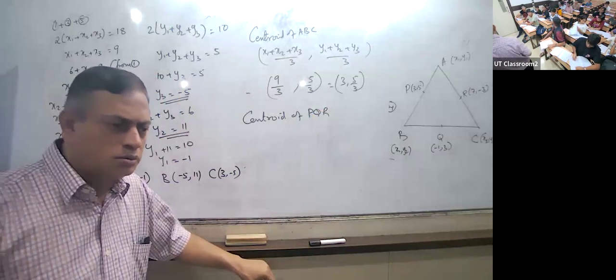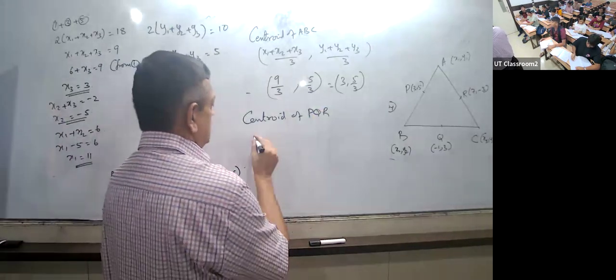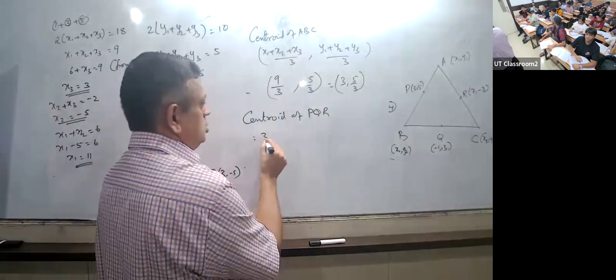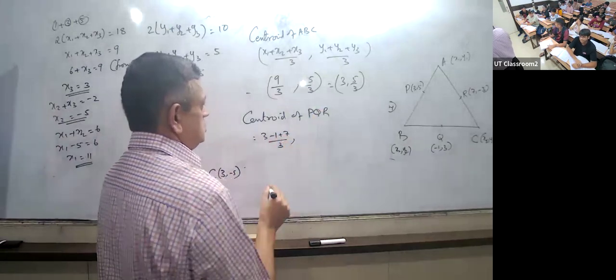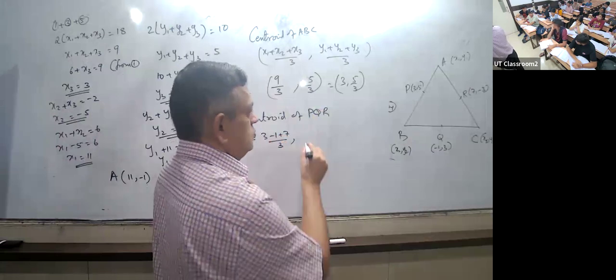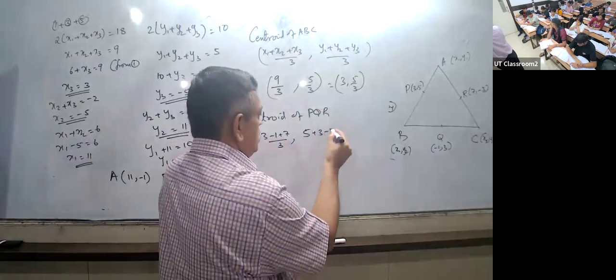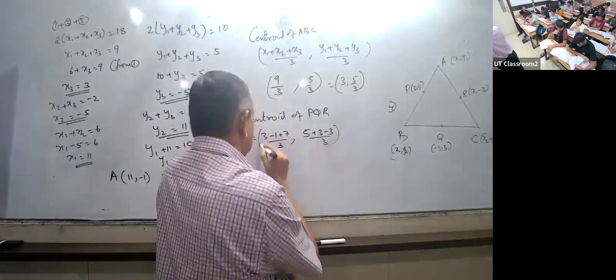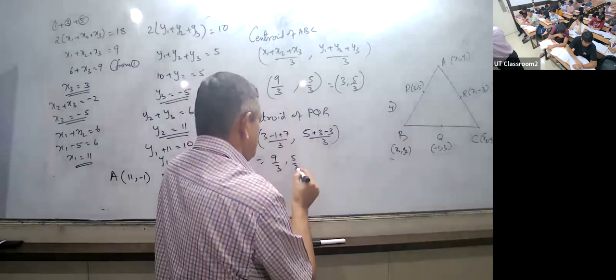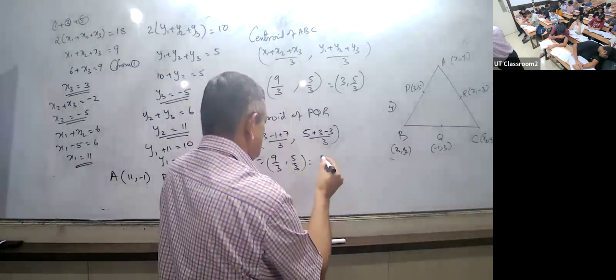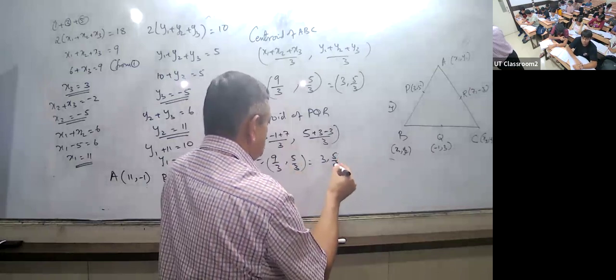PQR again: 3 plus minus 1 plus 7 divided by 3. Then the second one, 5 plus 3 minus 3 divided by 3. That is 9 by 3 comma 5 by 3, which is equal to 3 comma 5 by 3.